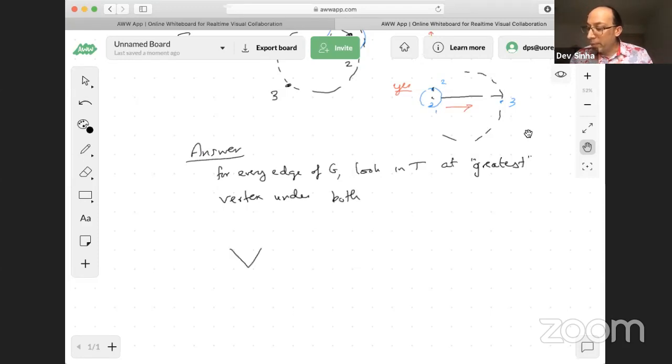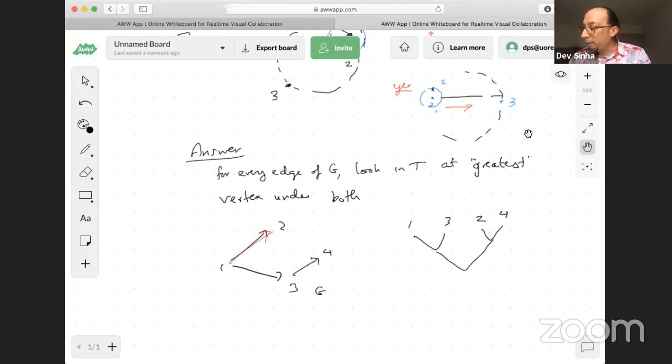Let me just do an example. Here's G, with vertices 1, 2, 3, 4, and I'll do a tree, say 1, 2, 3, 4. For every edge, like from 1 to 2 here, I think about under 1 and 2, here's the greatest vertex. Then I do the same thing for every edge. I'll use another color for 1 to 3: here's the greatest vertex. And then finally 3 to 4: here's the greatest vertex.